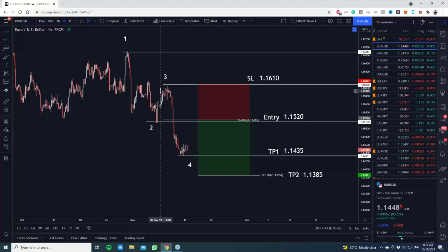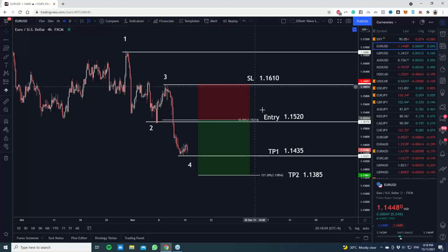We have put in a Fibonacci retracement as well from 3 to 4 to find if there are any confluences with our previous structure. In this case, on Euro dollar, we identified that the confluence is happening at the 50% Fibonacci retracement. That is where our entry is going to be. The stop loss we're going to put at the previous level, which is 0.3.